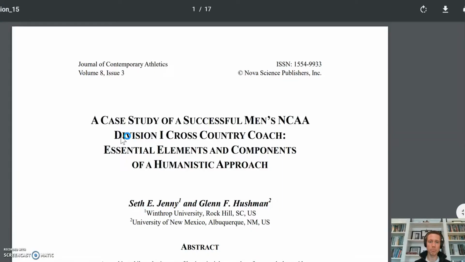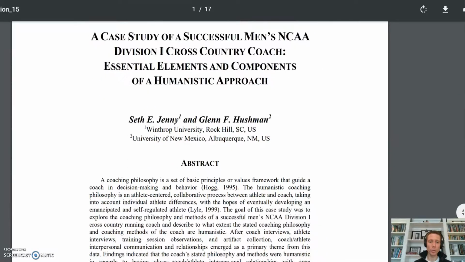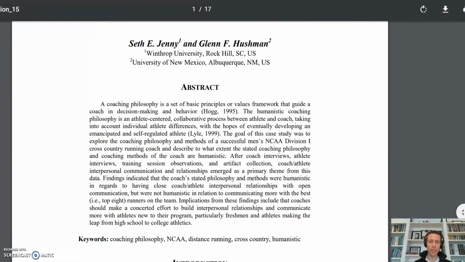This is a study I conducted, which was qualitative, and I collected 3 different types of qualitative data: coach interviews, athlete interviews, training session observations, and artifact collection.